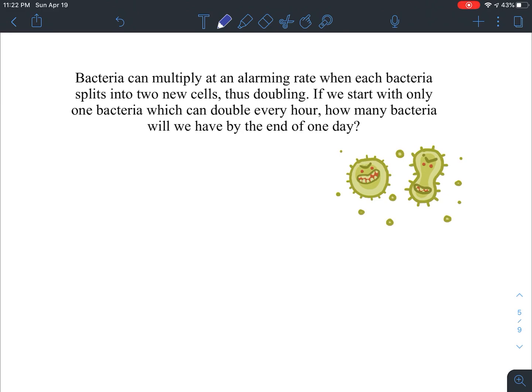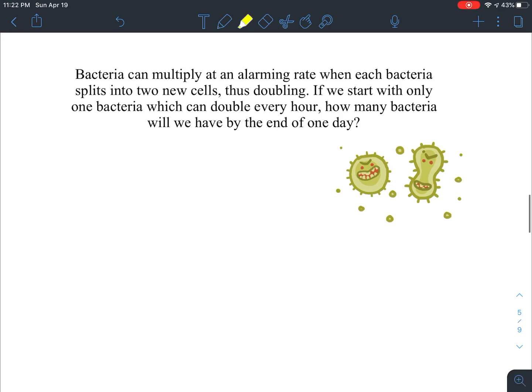Let's take another look. Bacteria can multiply at an alarming rate when bacteria splits into 2 new cells, thus doubling. If we start with only 1 bacteria, which can double every hour, how many bacteria will we have by the end of 1 day? Well, how do we know we have exponential growth or decay? It's not telling us we're adding 2 bacteria.